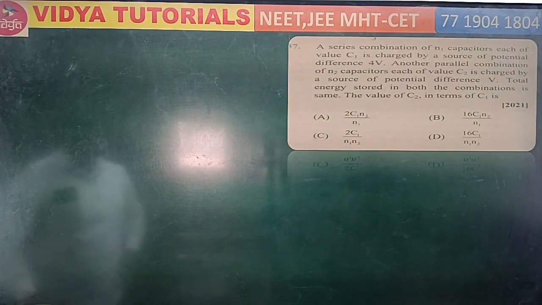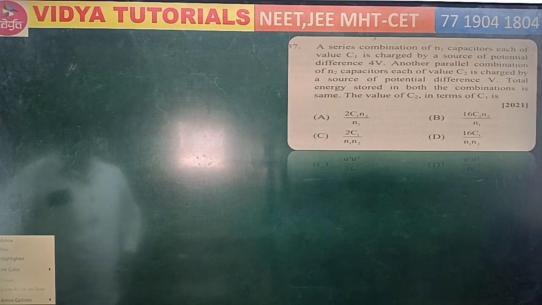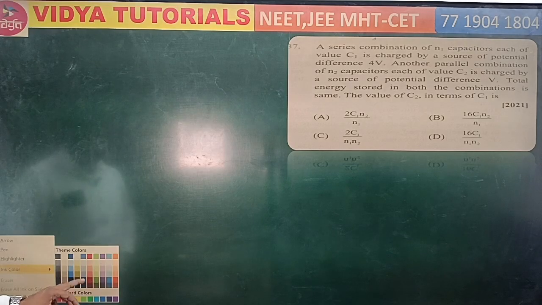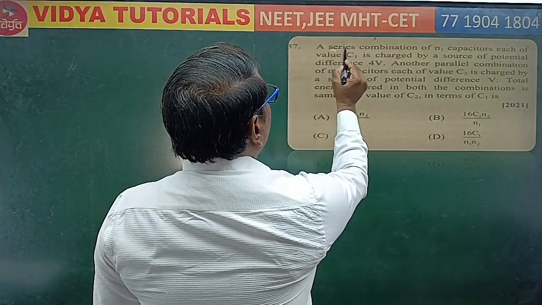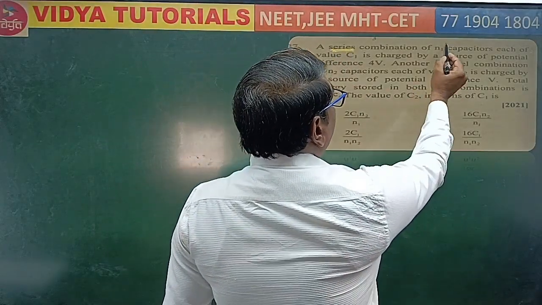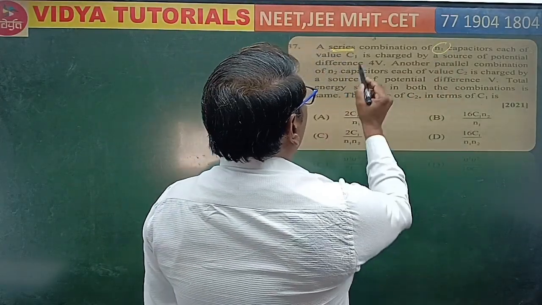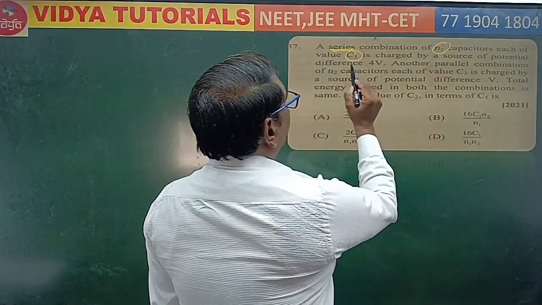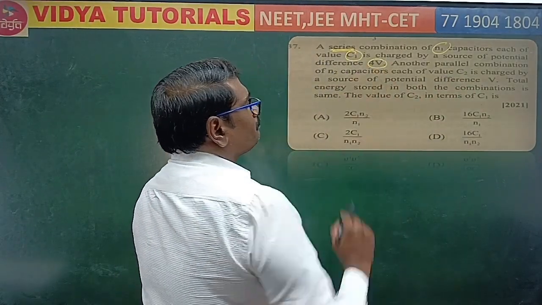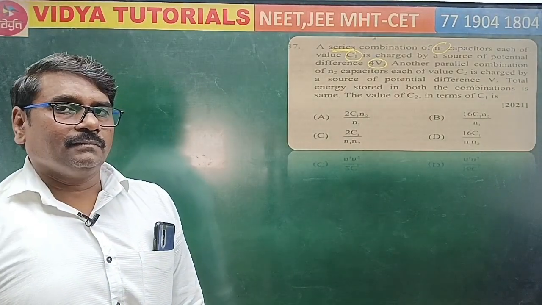Let's see the next problem. A series combination of N1 capacitors, each of capacitive value C1, is charged by a source of potential difference 4V. This is the first line.